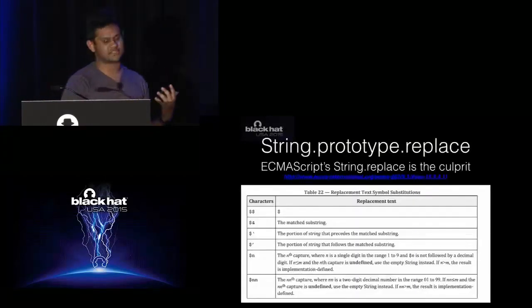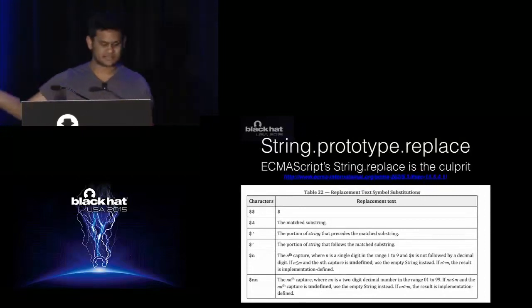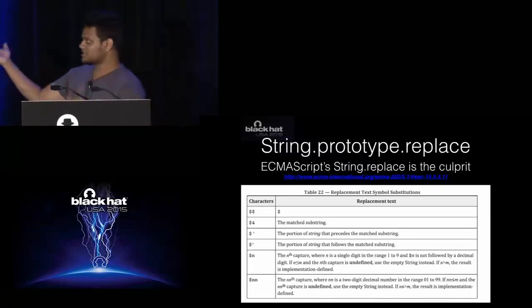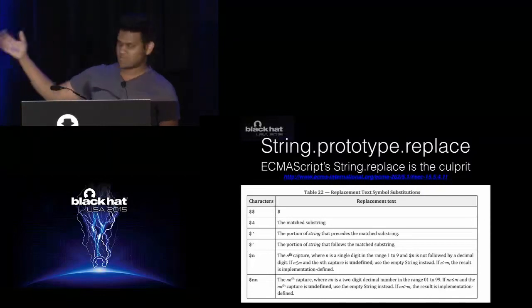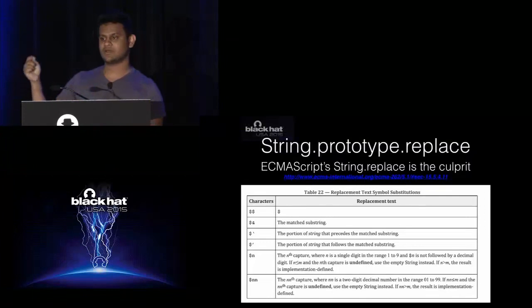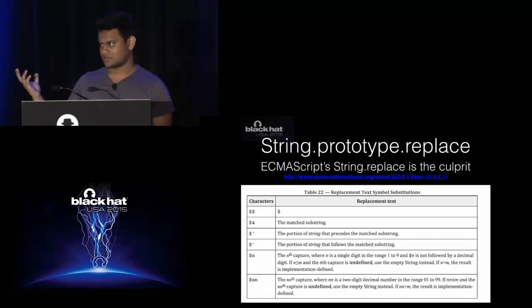ECMAScript's definition has a few interesting ways of doing things, and one of them is String.prototype.replace. Usually when you write a string.replace, every language says: tell me the string to search for and what to replace it with, with no special conditions. But JavaScript, which follows the ECMAScript standard, has special cases with $. If your replacement text starts with $, it can take different behaviors.